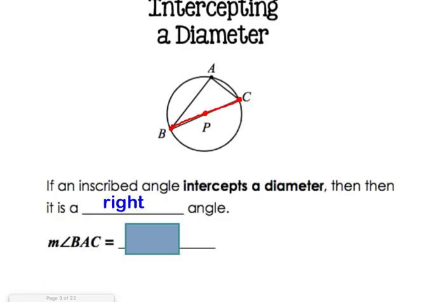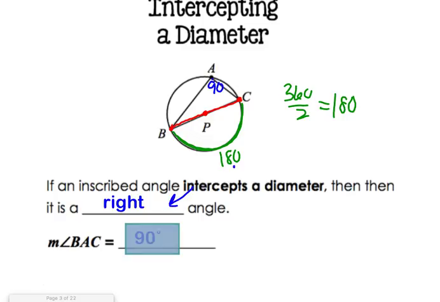Well, I know a diameter cuts a circle in half, so what is 360 divided by 2? It's 180, so I know that BC is equal to 180 degrees, and we just learned that this angle is half this amount, so half of 180 is 90, hence why it's a right angle. So the measure of angle BAC is 90 degrees. So try not to freak out when you get to examples like this. Just remember it's just a right angle. It's not that bad.